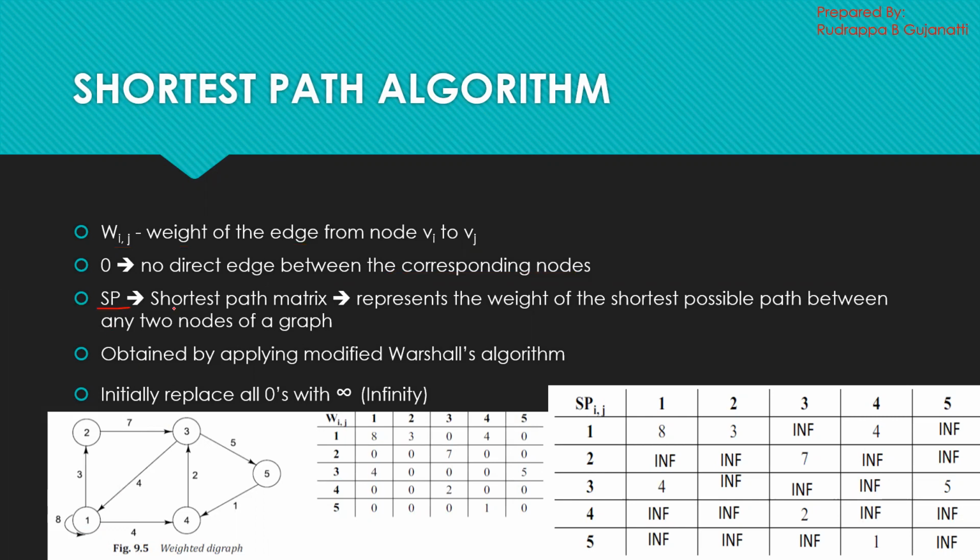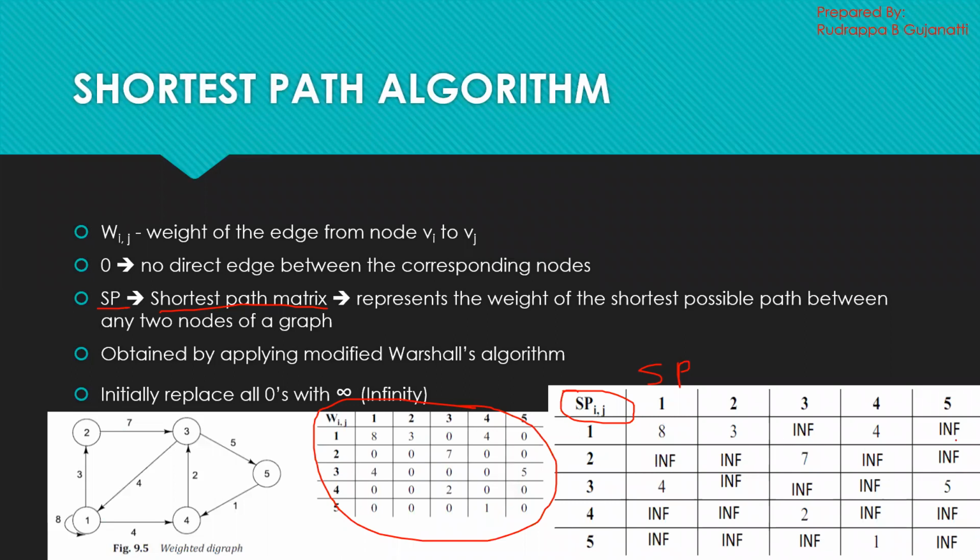Now, SP is the term we'll be using. This is the weight matrix, and this is the path matrix, the shortest path matrix. It is like the updated version of the path matrix we have discussed. SP identifies the shortest path matrix, which gives us information relating to the shortest possible paths between the nodes.